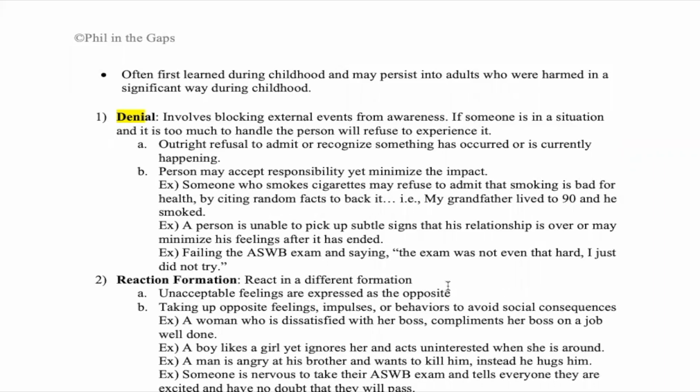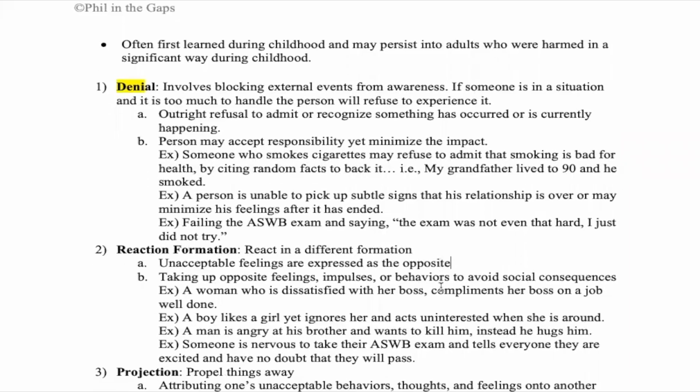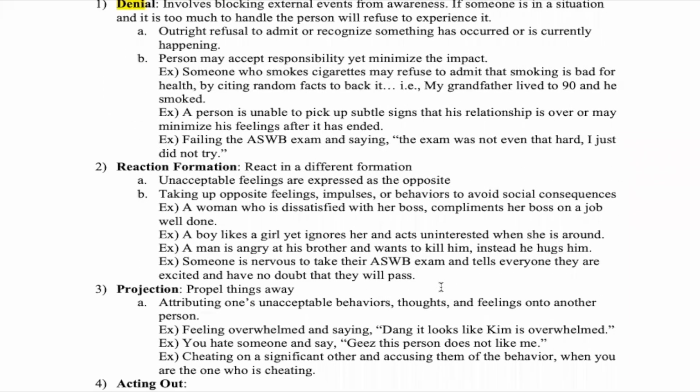The next one up to bat is going to be reaction formation. So, reaction formation, key emphasis on react, because this is where somebody is going to be reacting in a different or opposite emotional formation than how they actually feel. So, a lot of times, people are going to get reaction formation, sublimation, projection, all mixed up based on the fact that they look rather similar.